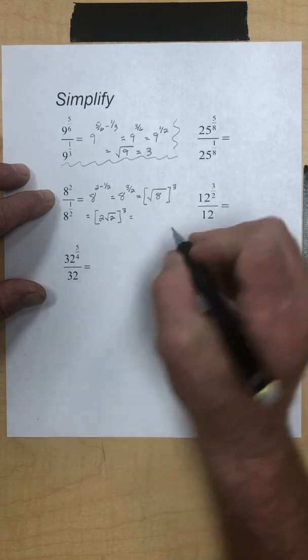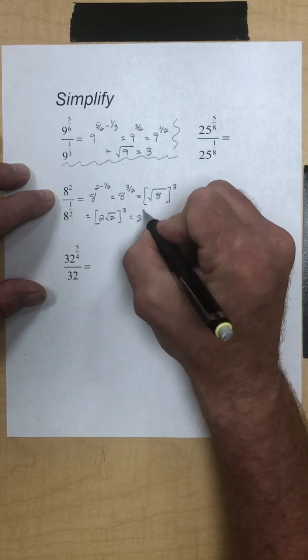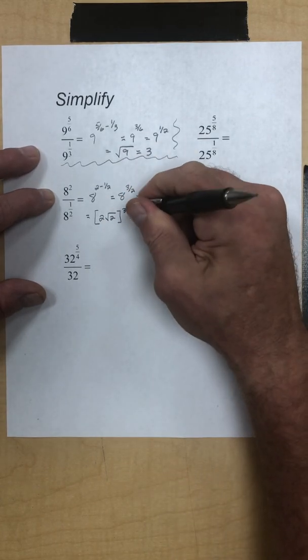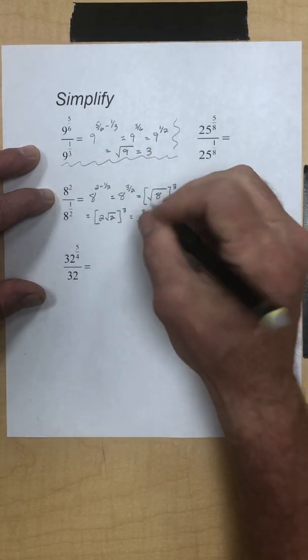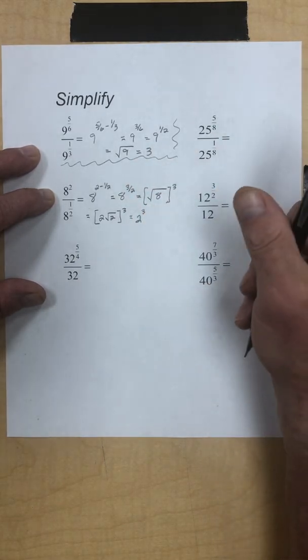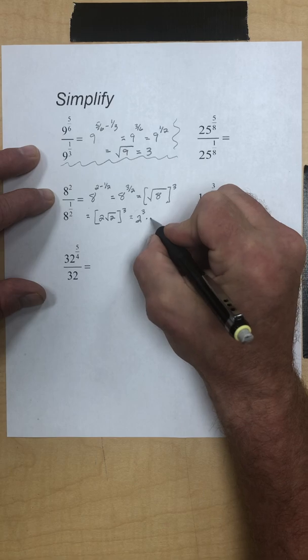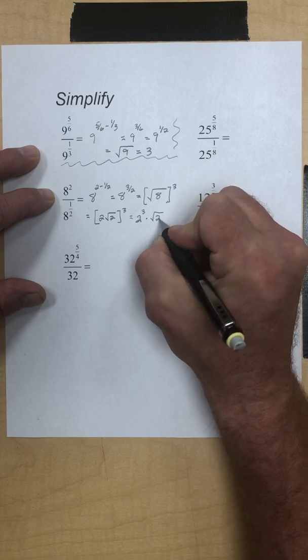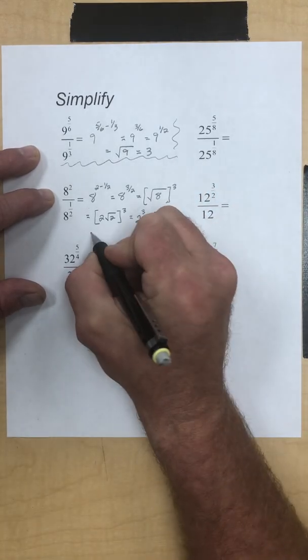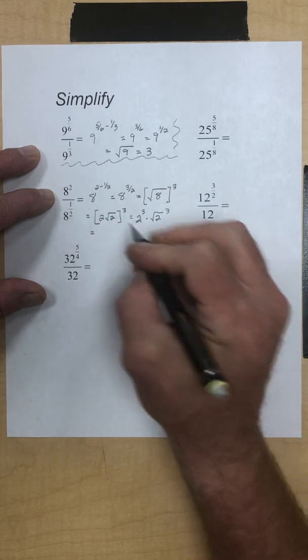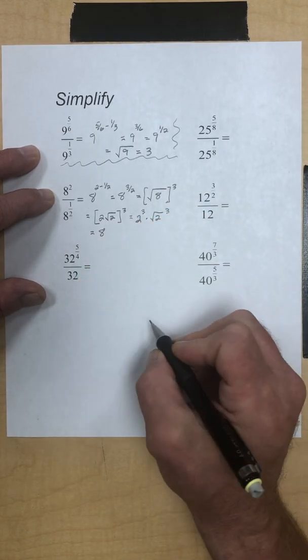Okay, so I would take the 2 out front. I'm sorry, I'm writing a 3. I would take the 2 out front and cube that, and then take the square root of 2 and cube that. Well, 2 cubed is just 8. We know that.